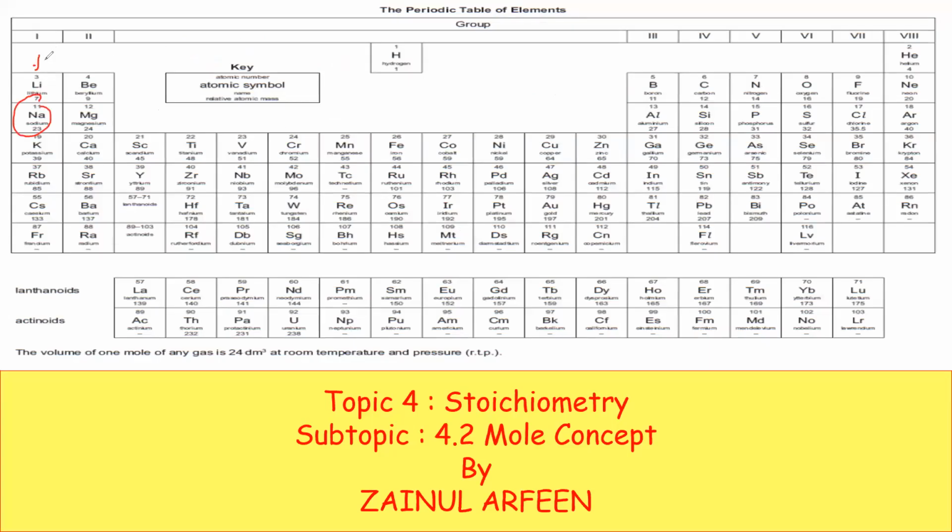Sodium is group 1, so it is plus 1, and oxygen is group 6, so it is minus 2. What we do is cross multiply the valencies. So the formula of sodium oxide will be Na2O.